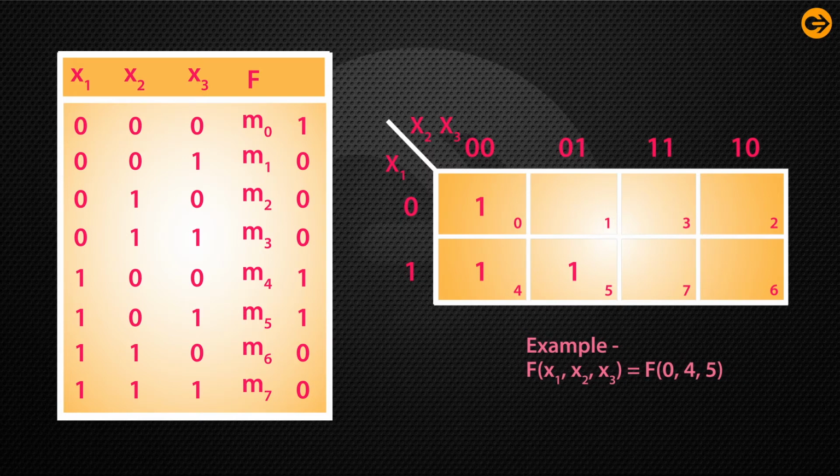Now we can transfer the data from the truth table to the K-map by using the input value as coordinate replacements of the output values. Now this is ready to use. There are 2 overlapping possible groups of ones in the K-map. One is the vertical and the other is the horizontal.